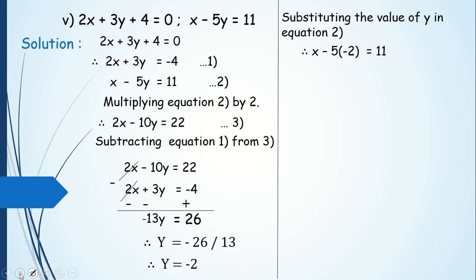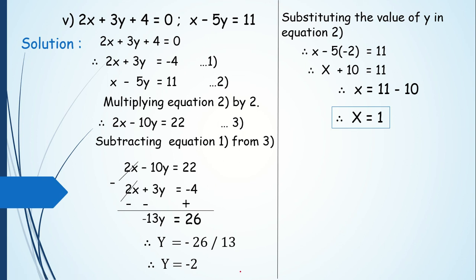X minus 5 into minus 2 is equal to 11. 5 2s are 10, so that's going to be plus 10. X plus 10 is equal to 11. Therefore x is equal to 11 minus 10. Therefore x is equal to 1.